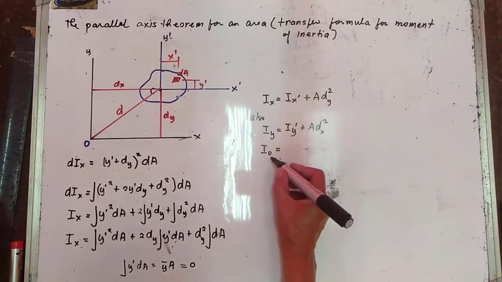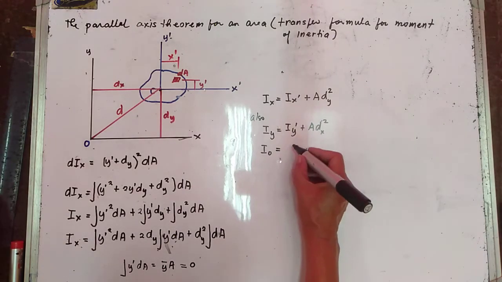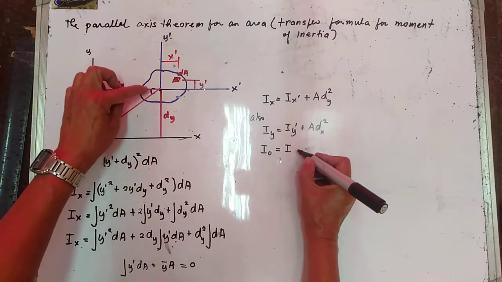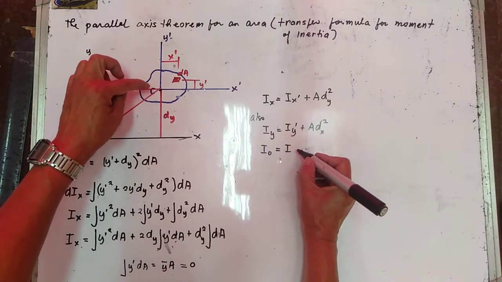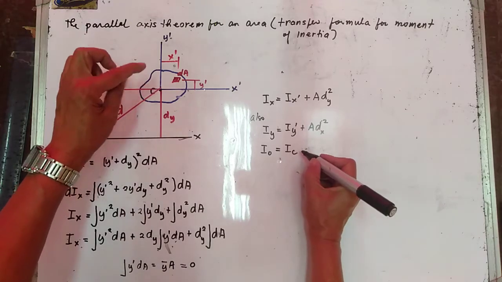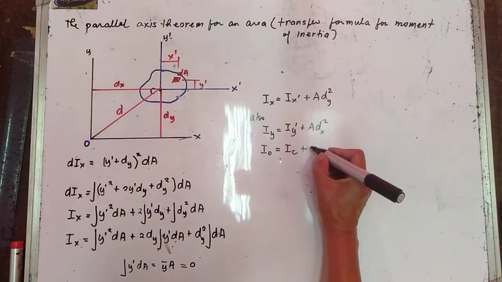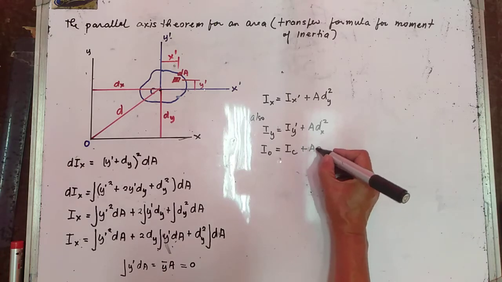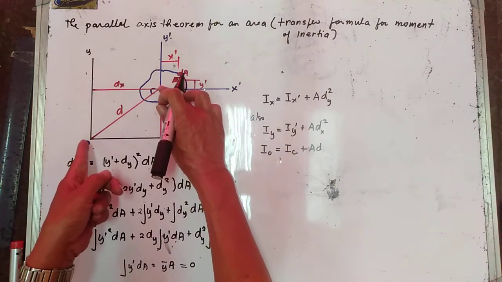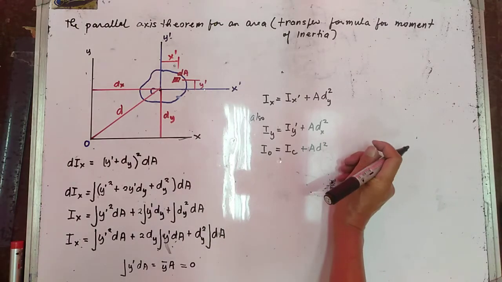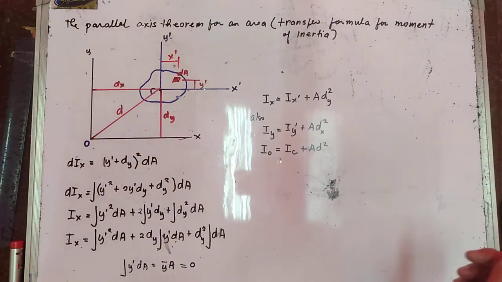So your IO is therefore equal to the moment of inertia about the centroid of this area, plus A multiplied by d squared, which is now the moment arm.